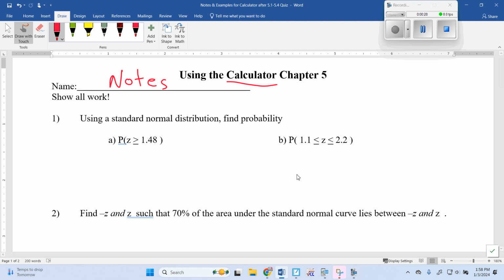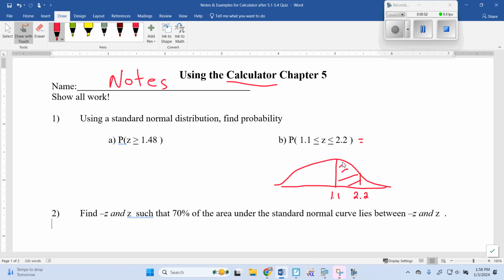We're going to start off with the probability that z is between 1.1 and 2.1. So from what we've done before, we go to our chart, the standard normal.